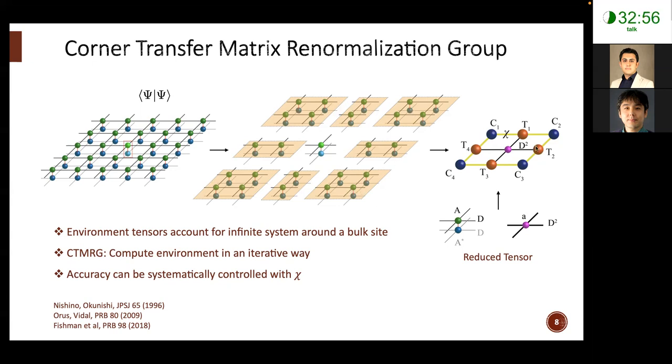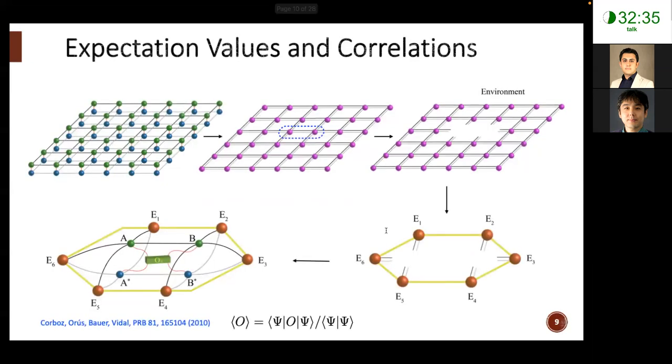And then you would also have these edge tensors, which go to the up, down, left, and right of these tensors. Then you do the iterative absorption of the bulk tensor to the left, right, up, and down, and also obtain these corners, so that you have a converged approximation to the environment of this network. And when you have the environment, you can use it to calculate the expectation value of local operators or any other correlations.